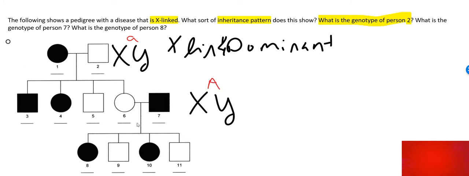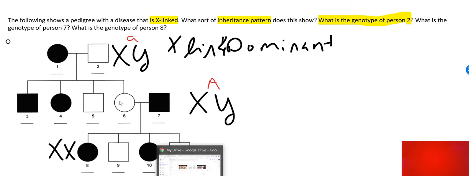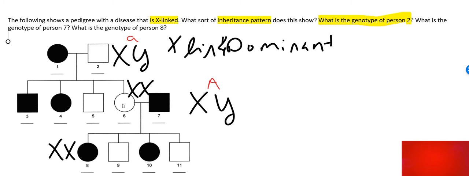Then for person number 8, this one's going to be a little more complicated, right? We know that she's XX. Let's go ahead and fill these in now for this whole family. Let's start with mom. She's going to be XX, and we already have dad as XY.